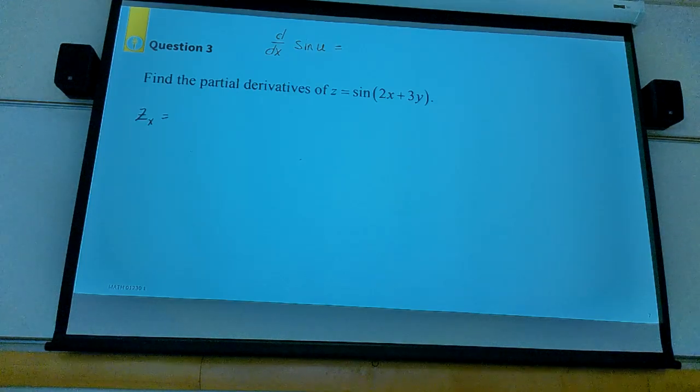You have the right idea. It has to be d dx, not cosine of x, sorry, cosine of u, not just du. du is a differential. Okay, but you have the right idea, right? So don't forget your chain rule.